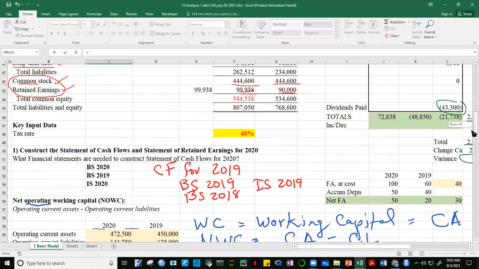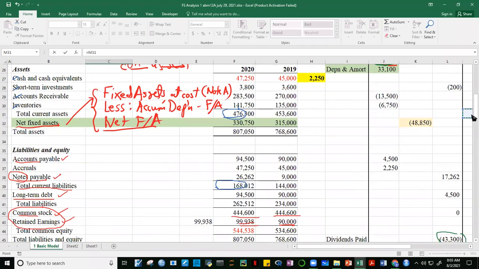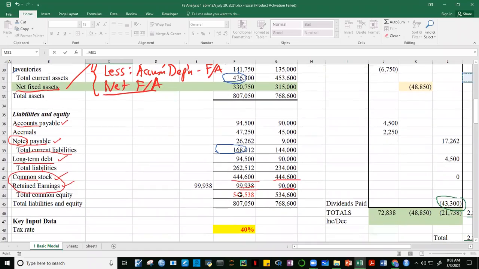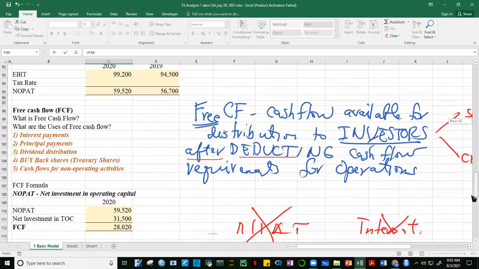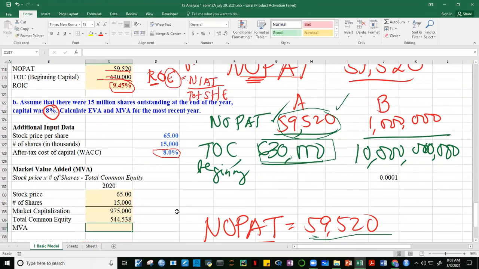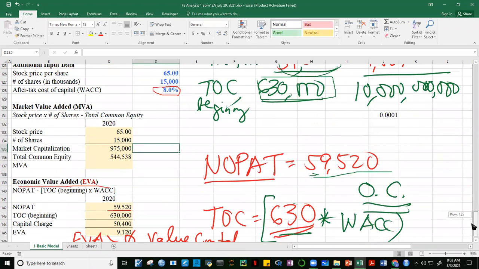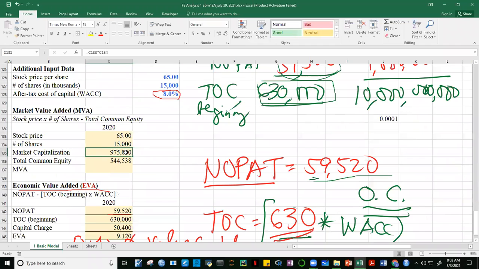Okay, so it's equal to, oops, this one. So common equity at this time is 544,538. Magkano yung value, okay, ng equity sa market? 975.